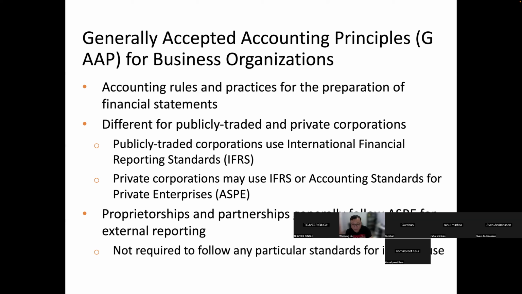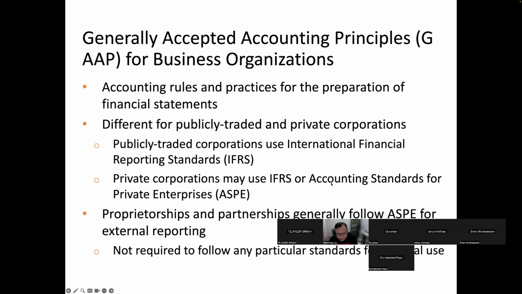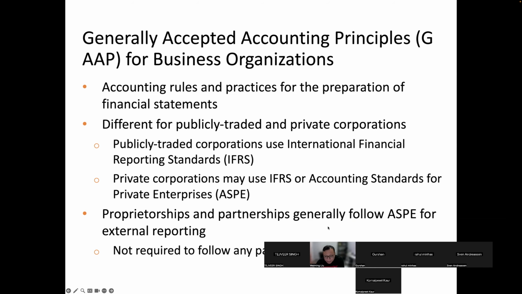In that case, the risk is low because you have a limited set of external users. Therefore, ASPE, the ASB, tends to be looser, less restrictive, easier to prepare compared to IFRS. As a publicly traded company, you have to adopt IFRS. But for private corporations, you have the option to use ASB if you want to save some money.